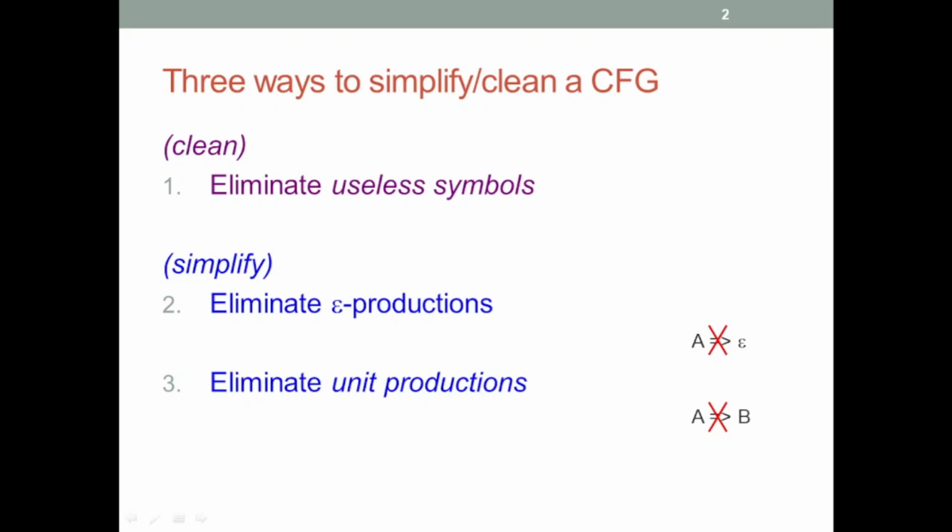Epsilon is the null production, and A derives B is a unit production. So to simplify the CFG, first you have to eliminate useless symbols. The next step is to eliminate the epsilon or null productions, and the last step is to eliminate the unit productions.